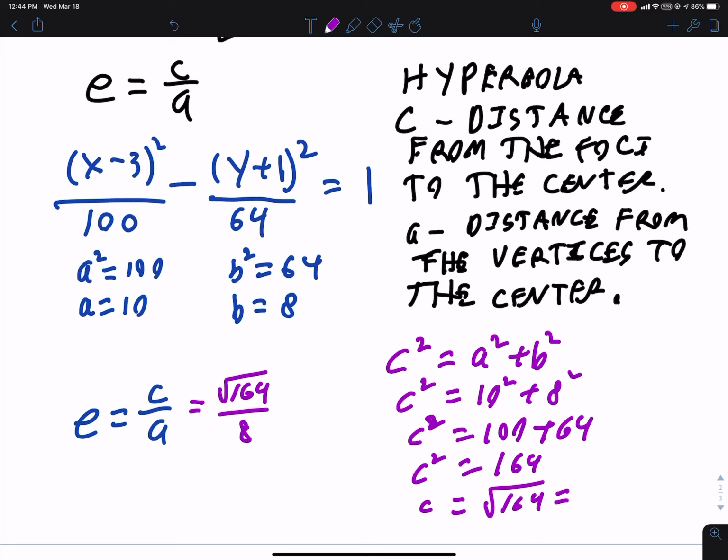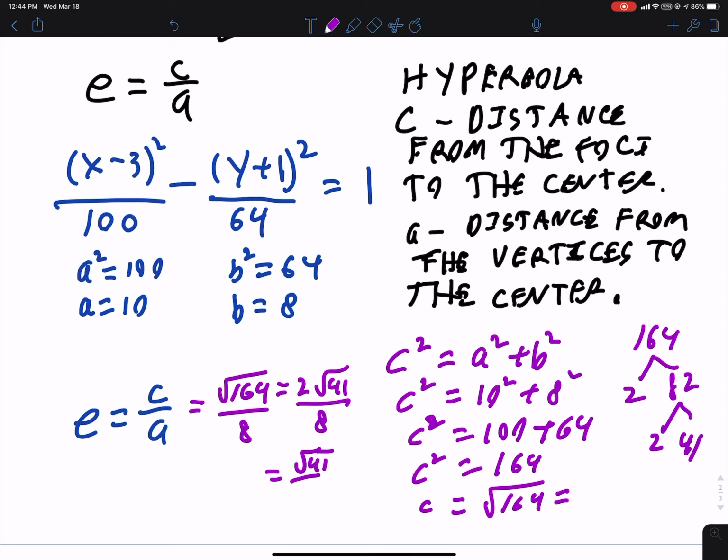Let me break down 164. That's 2 times 82, 2 times 41. So that would be 2 radical 41 over 8, which is radical 41 over 4. Kind of ugly, but that's an example in a hyperbola of finding eccentricity.